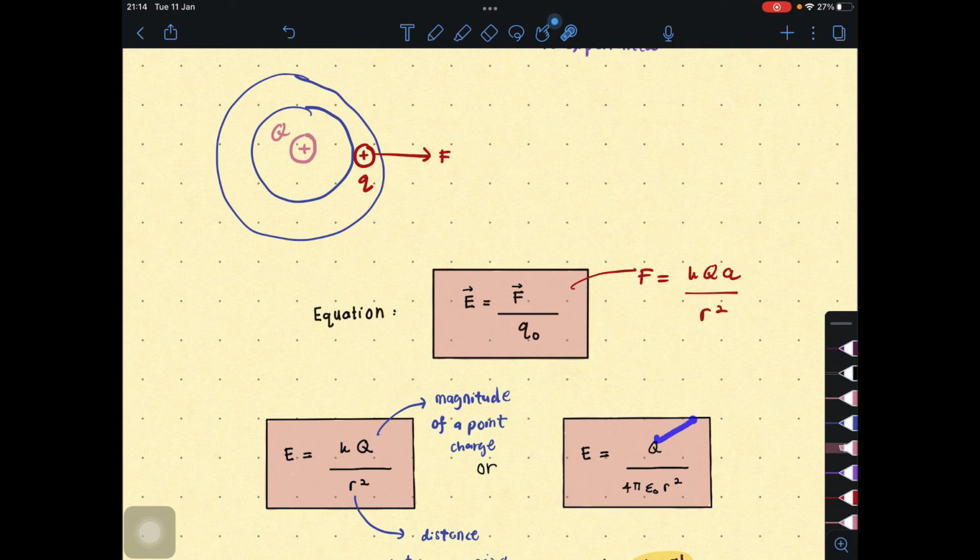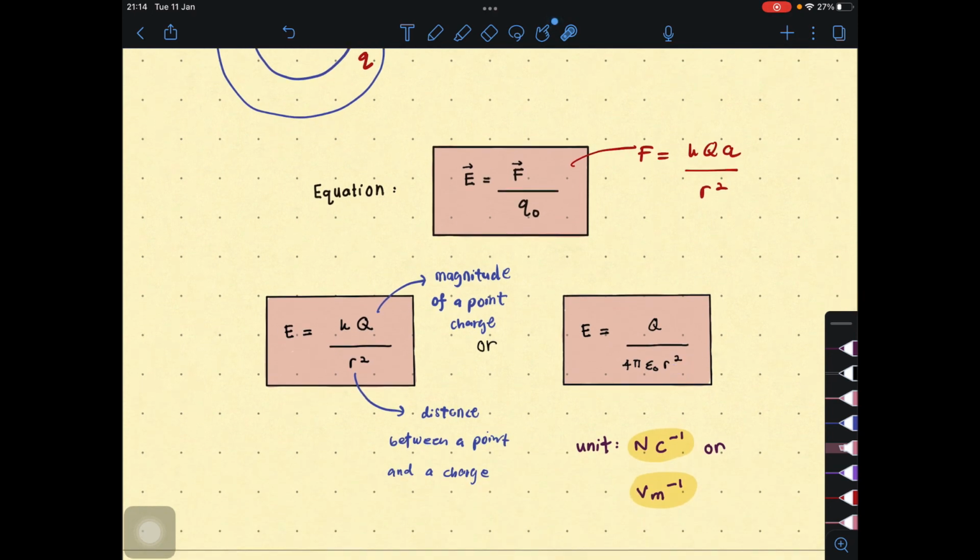So sama juga Q is the magnitude of a point charge divided by 4 pi epsilon naught. Epsilon naught is the permittivity, so it's a constant value, or usually given in the list of constant, and r square. And since force adalah Newton and charge is Coulomb, so the unit for electric field is Newton per Coulomb, or we can also use volt per meter, but usually kita gunakan this unit.